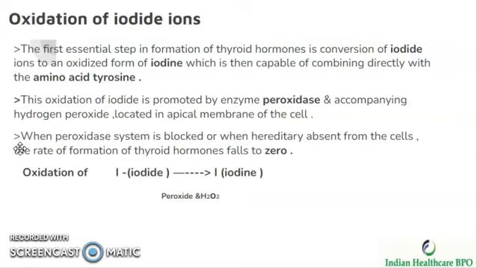The oxidation of iodide is promoted by the enzyme peroxidase and accompanying hydrogen peroxide located in the apical membrane of the cells. When the peroxidase system is blocked or hereditarily absent from the cells, the rate of formation of thyroid hormones falls to zero. This is the reaction of iodide oxidation.